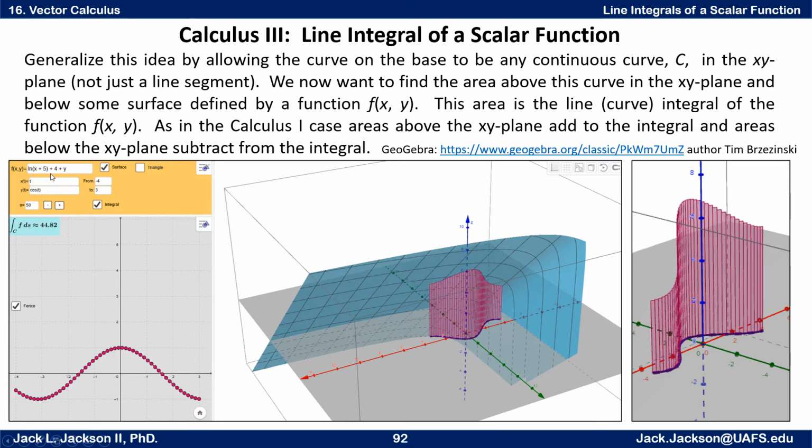Our formula is almost the same as what we had. Our formula for the surface is z equals log of x plus 5, plus 4, which is what we had before, and then I'm going to say plus y as well. Before, we had y as 0, so that last term basically just dropped off. But now, if we're at different places, the y's are not the same. This here is the xy plane right here.